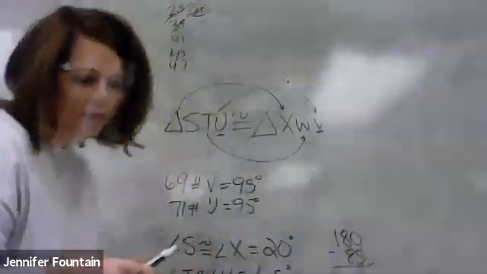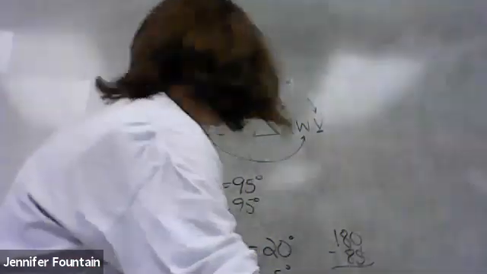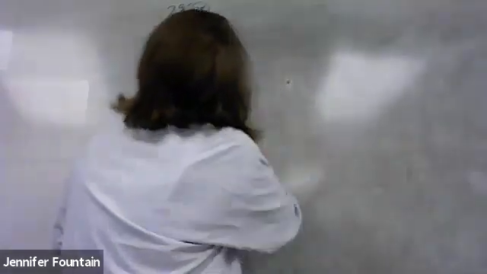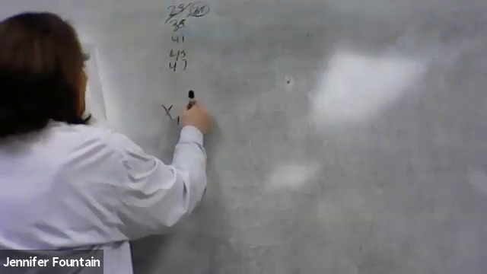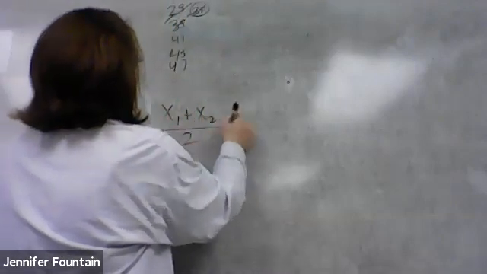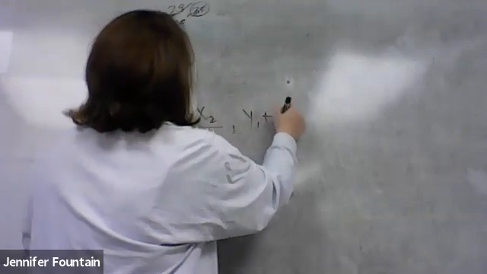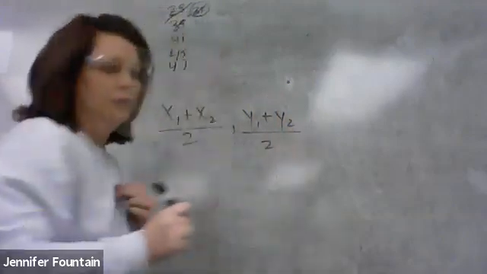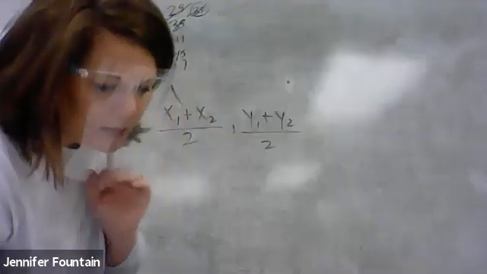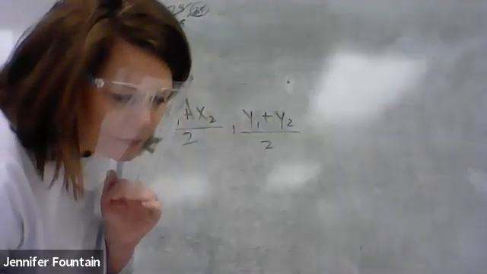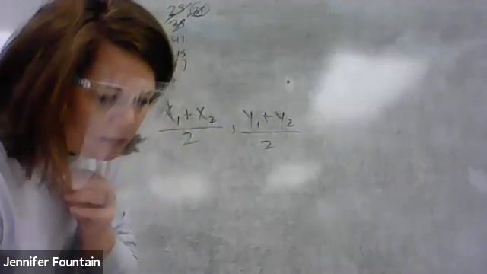What is my mid-segment formula for a triangle? X1 plus X2 divided by 2, and Y1 plus Y2 divided by 2. Good. So we're going to let A be X1.